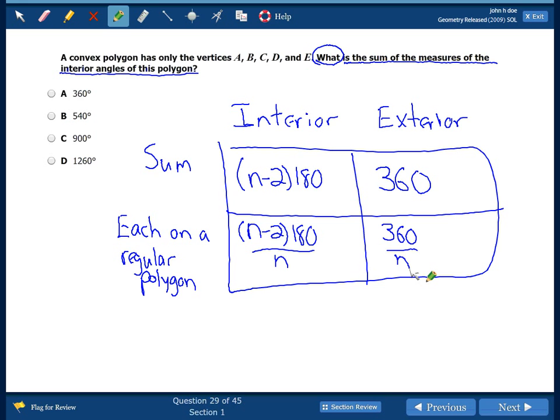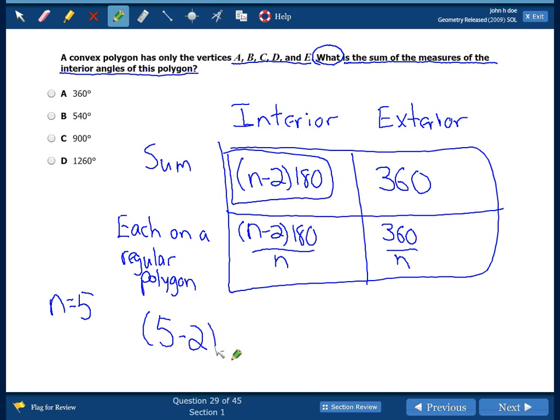So for this one, we have a polygon with how many sides? Well, we have 5 different angles, so that means n is equal to 5. And the problem says the sum of the measures of interior angles, so we're using this formula right here. So it's really simple. 5 minus 2 times 180.